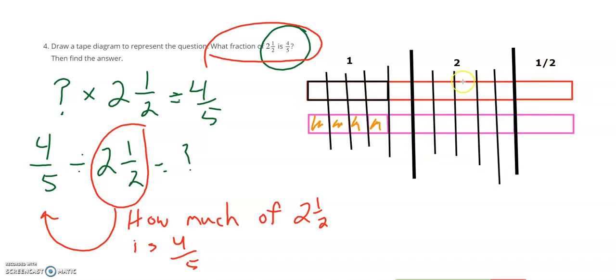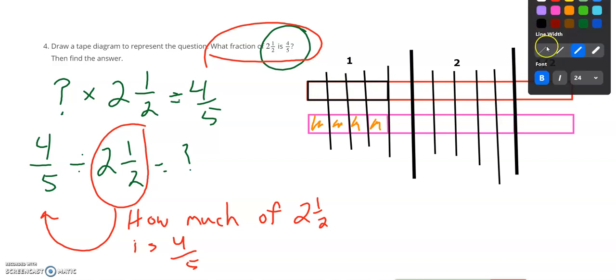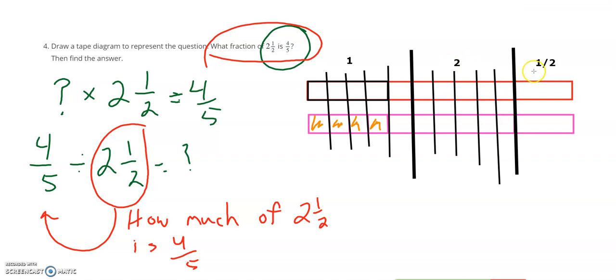In a half, how many fifths are there? That's kind of confusing. In a whole, there are 5. So in a half, there's 2 and a half, which is going to make things tough. 1, 2.